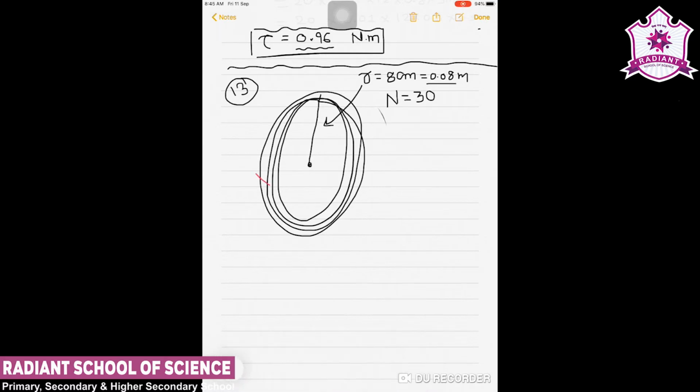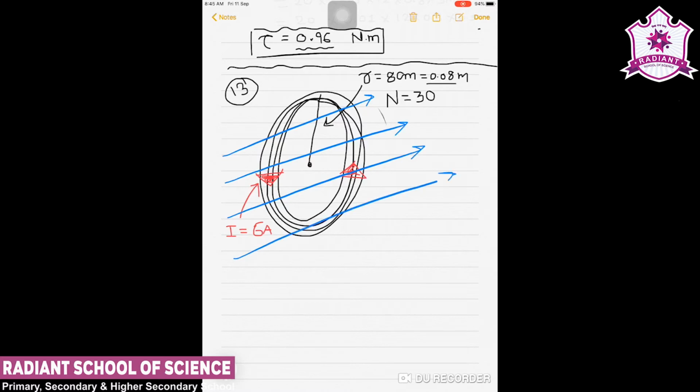Suppose I is flowing through it, that I value is 6 ampere, and it is suspended in the uniform magnetic field at an angle of 60 degree. So here we are given the magnetic field also, that makes an angle of 60 degree with its cross section area.